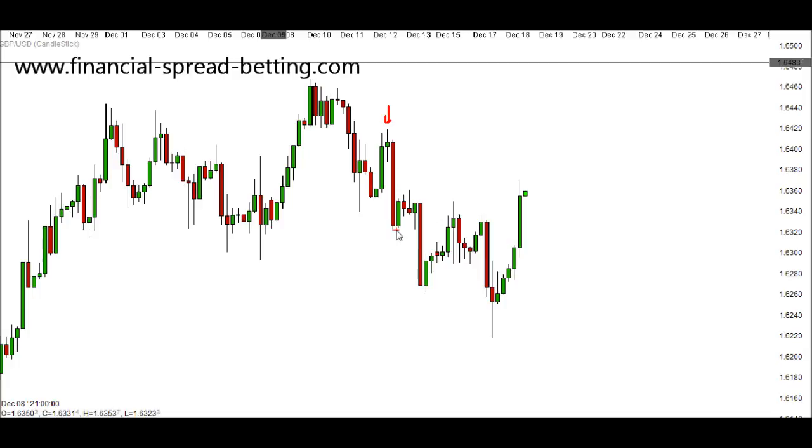The next candle opened here and closed down here and is monumental in size when compared to the previous candle, and it engulfs or overshadows this bullish candle. So this is what we would call a bearish engulfing candle or an engulfing candle.